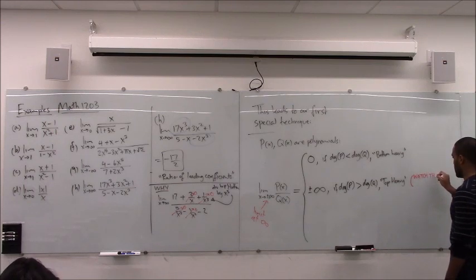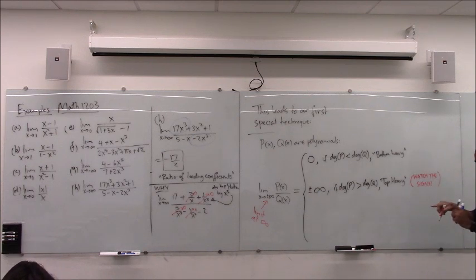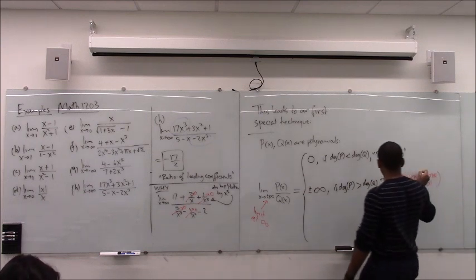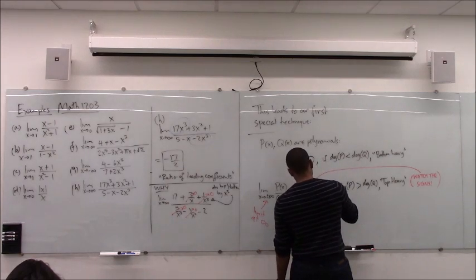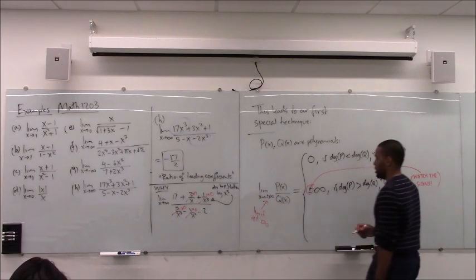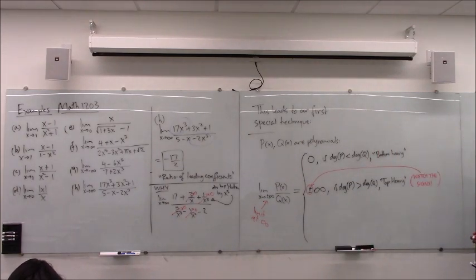You have to pay attention to, okay, you're divided by a negative, and negative divided by a negative is a positive, all that stuff. So by watching the signs, you'll know whether you need to choose the plus or the minus. But it's going to be some sort of infinity. You just have to watch the signs to know if it is positive or negative infinity.